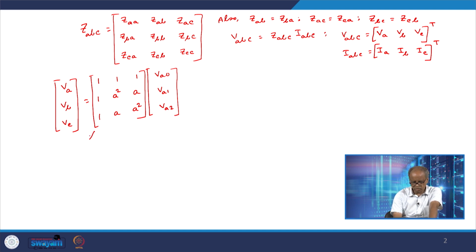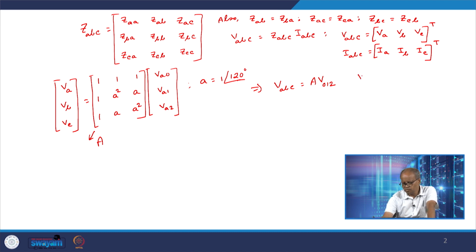So, this matrix is in general known as the A matrix, where of course we know that A is 1 angle 120 degree, and this relation can be written as VABC is equal to A V012, where V012 is another vector given by VA0, VA1, VA2 transpose.